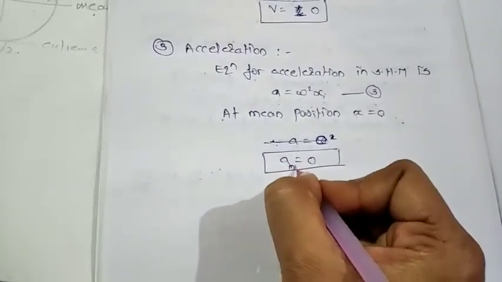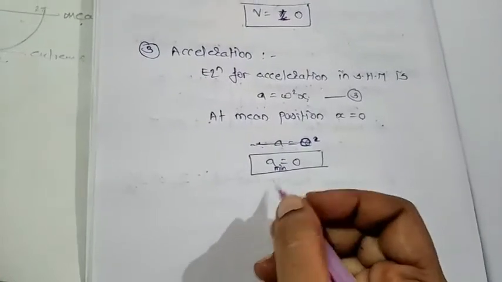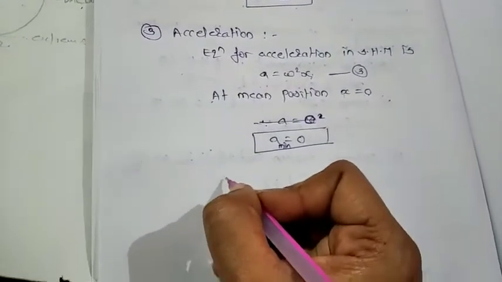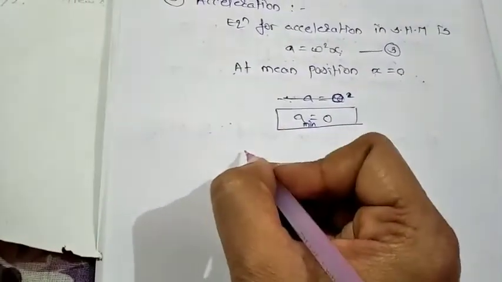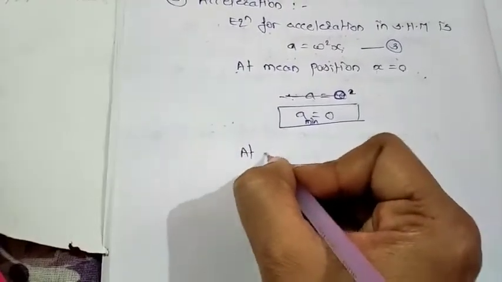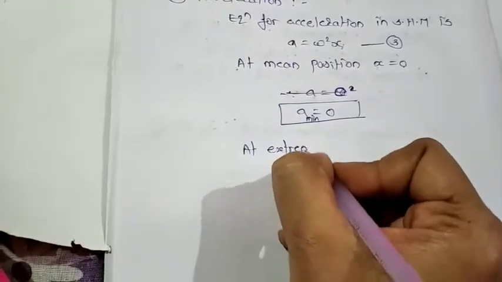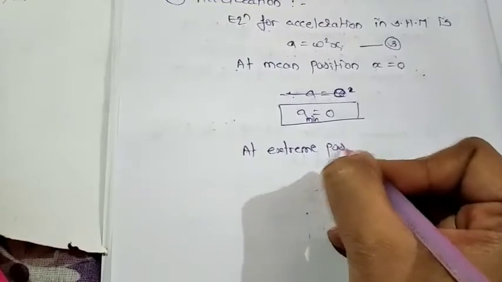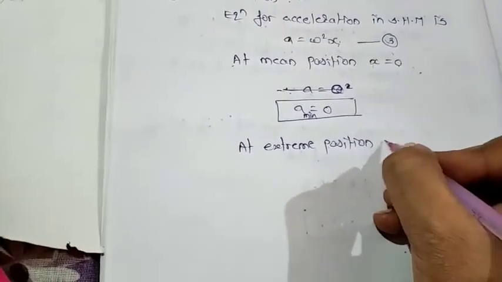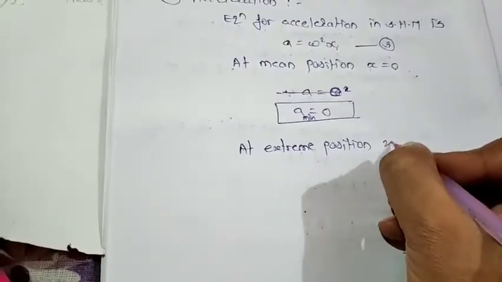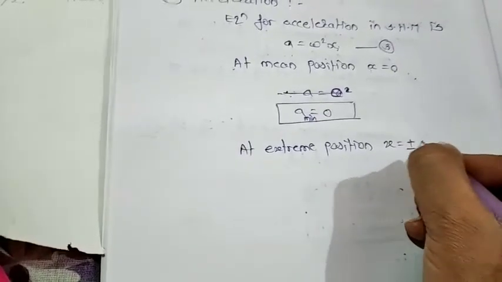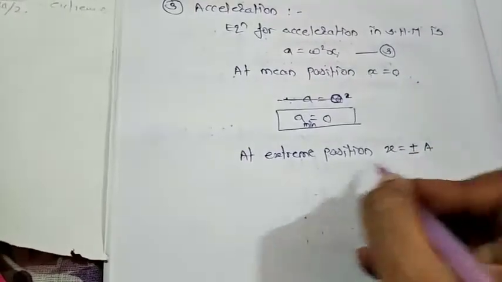This is at the mean position, and at extreme position we have x is equal to amplitude, that is the maximum displacement.